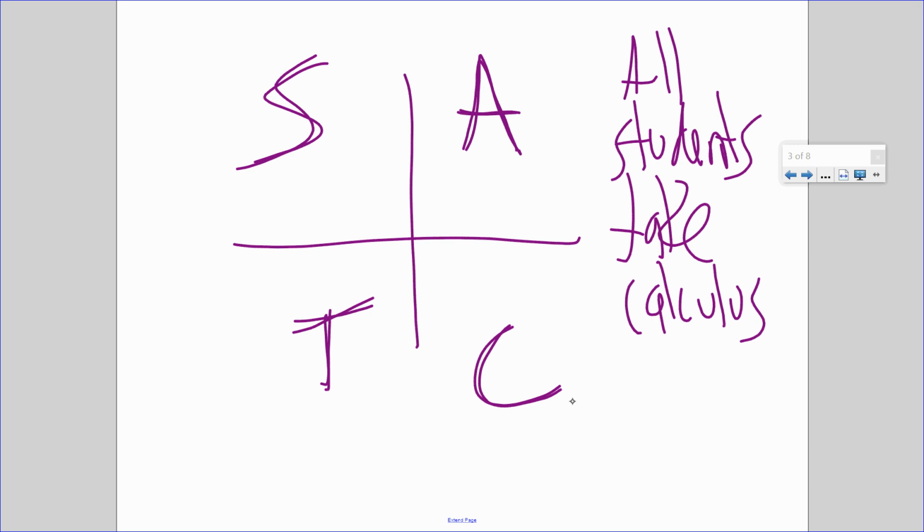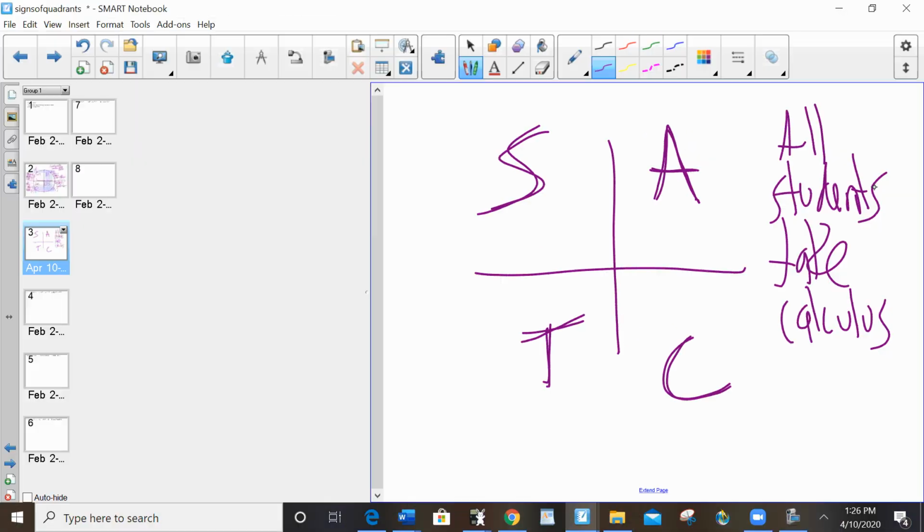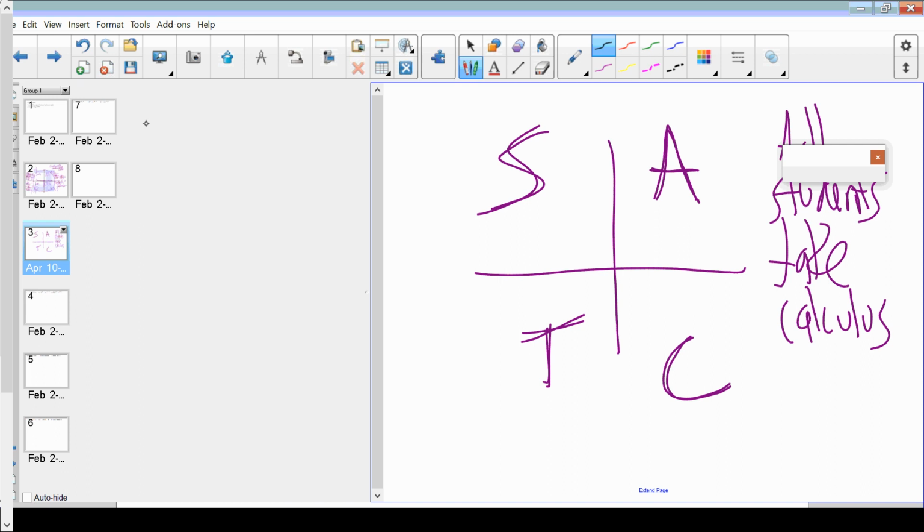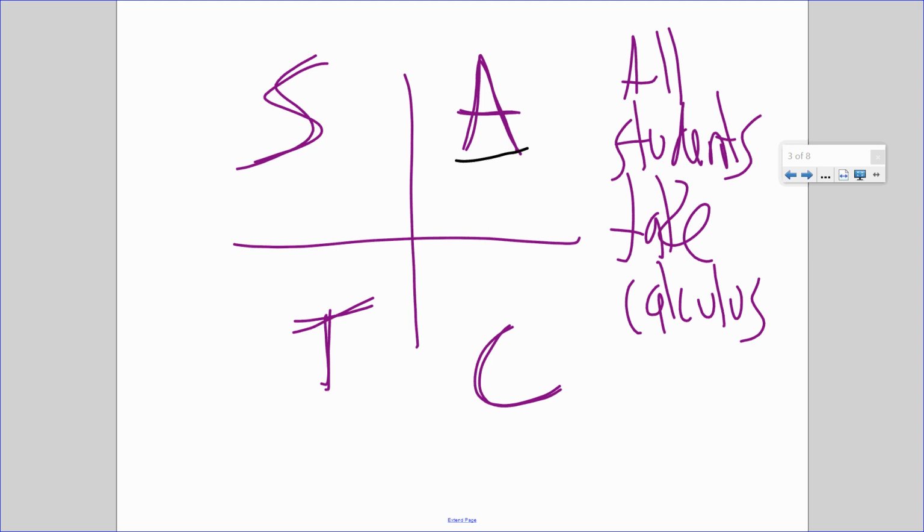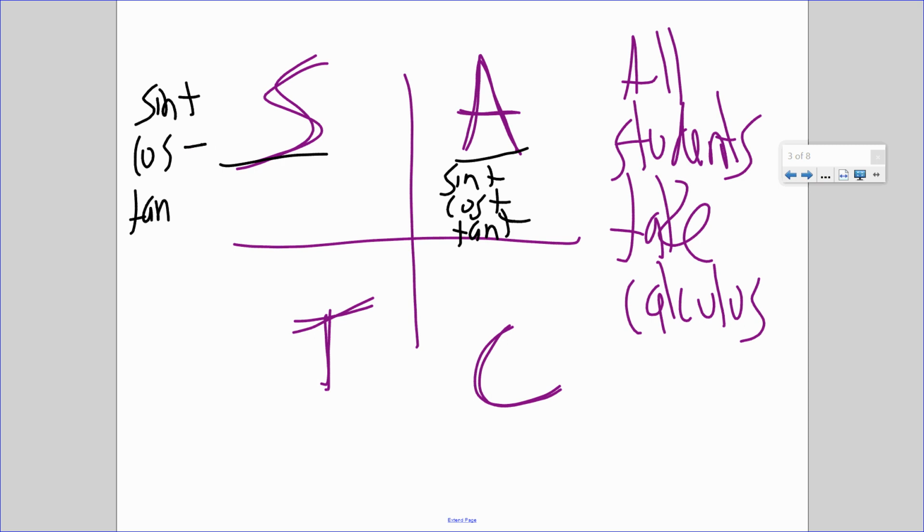So in Quadrant 1, this is saying that they're all positive. So by all positive, it means that sine is positive, cosine is positive, tangent is positive. Quadrant 1 has the A, they're all positive. In Quadrant 2, this S is saying that only sine is positive. So sine is positive, and if only sine is positive, then the other ones must be negative.